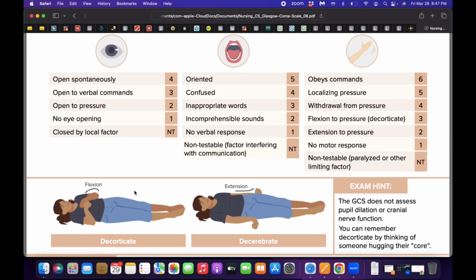So flexion means decorticate, and extension means decerebrate. Again, flexion, decorticate; extension, decerebrate. So flexion to pressure or decorticate has 3 points, while extension to pressure or decerebrate has 2 points.